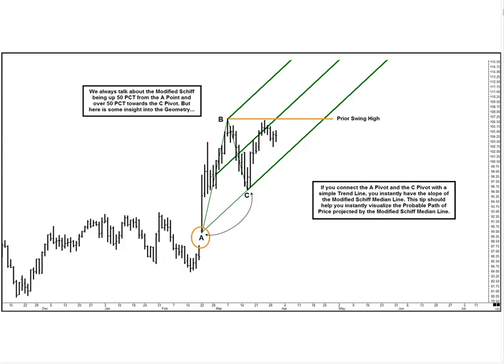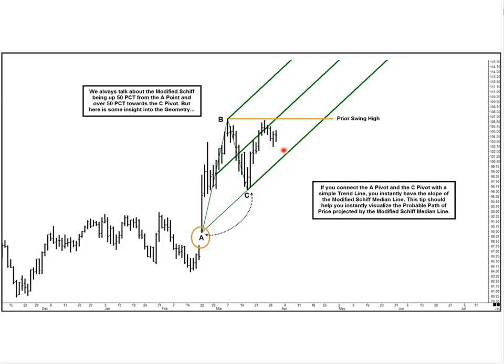And let's see why Dr. Andrews would be interested in that. Remember, median lines have geometry built in, which gives them a probability from the moment you draw the A, B, C, unlike channels where you have to draw them and they have to get tested and you have to make decisions. You know with statistical probability that once you draw it, price will meet the median line 80% of the time.